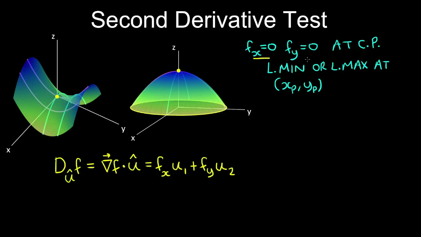So both of these partial derivatives must be 0 to guarantee the derivative of the function to be 0 in all directions at the critical point, being an interior point in the domain of the function.